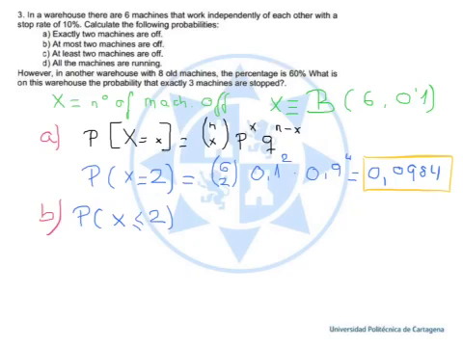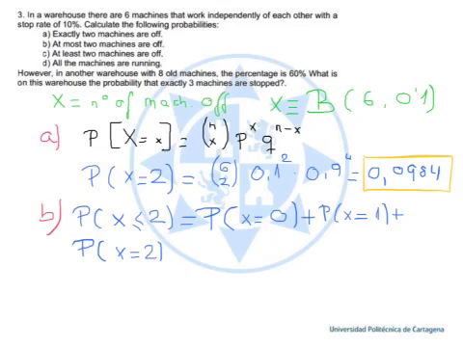The probability that x is at most 2 is equal to the probability that x is equal to 0 plus the probability that x is equal to 1 plus the probability that x is equal to 2.